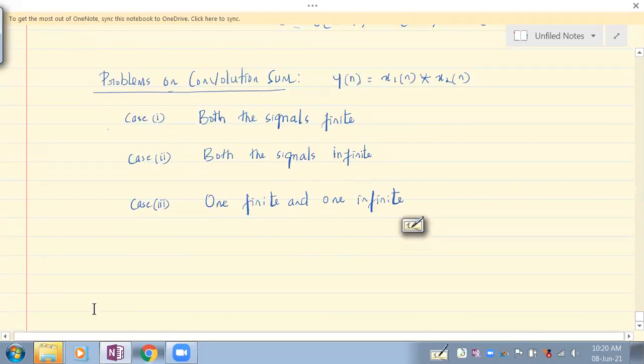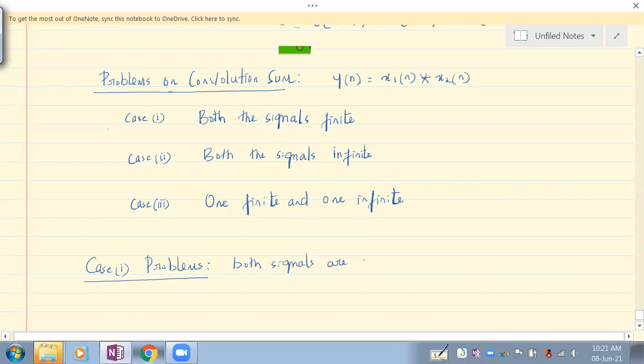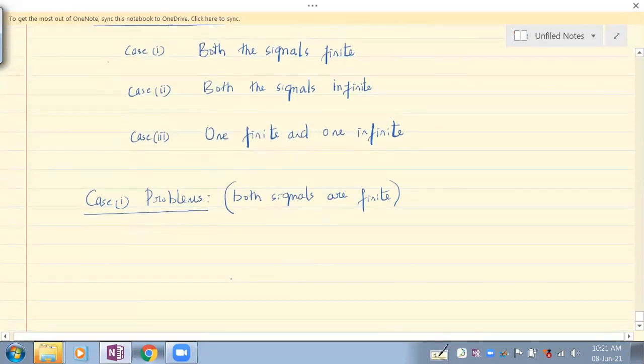Case 1 problems: both signals are finite, mind you. So let's take the first problem under this.